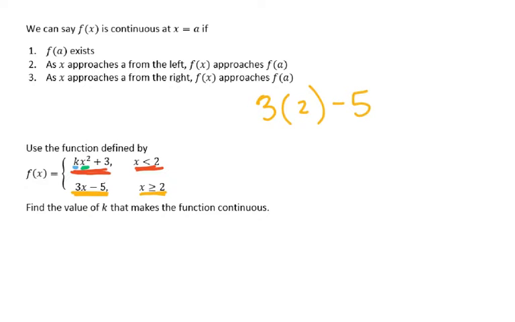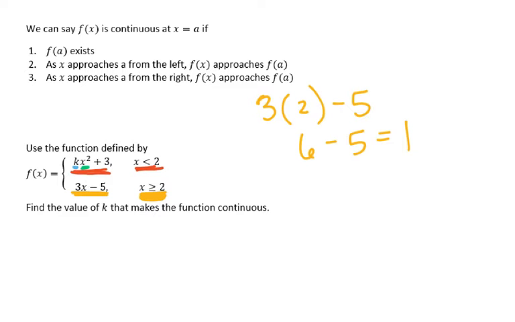And that gives us 3 times 2 minus 5, or 6 minus 5, which we know is equal to 1. Because 2 is included in this inequality, we have x is greater than or equal to 2. We know that our function is defined at f of 2, and when x equals 2, f of x is going to be equal to 1.